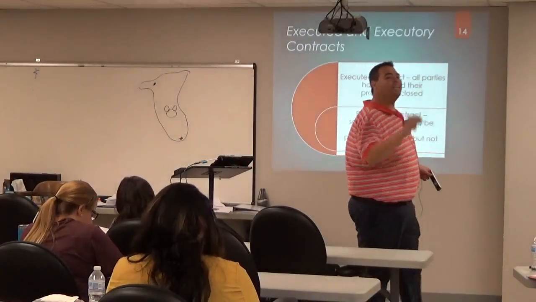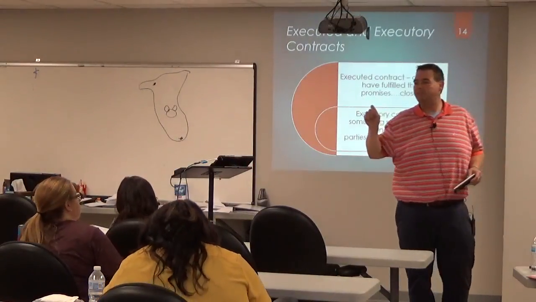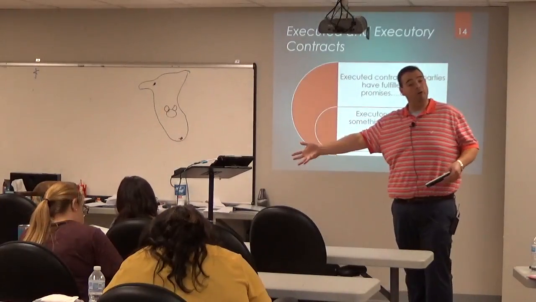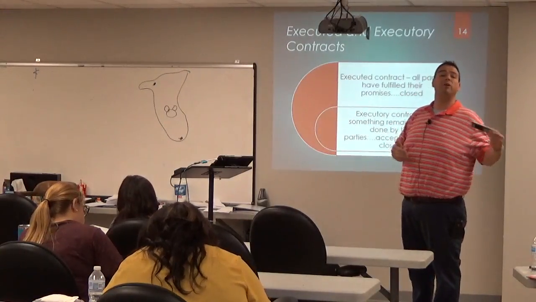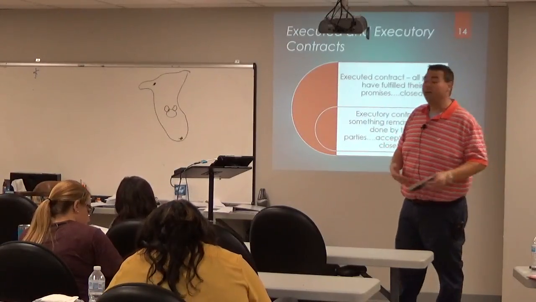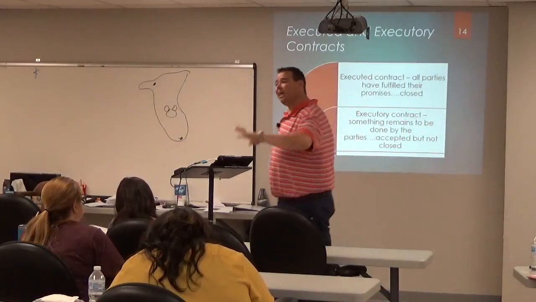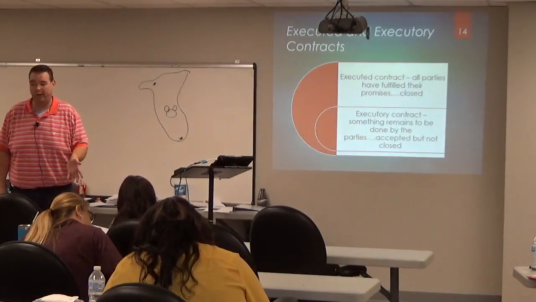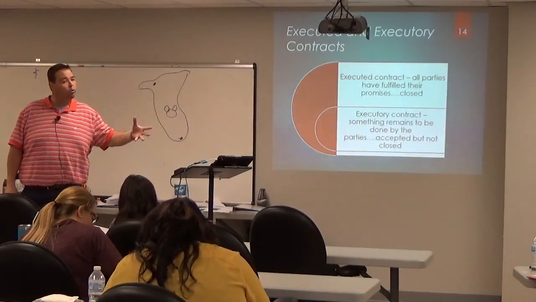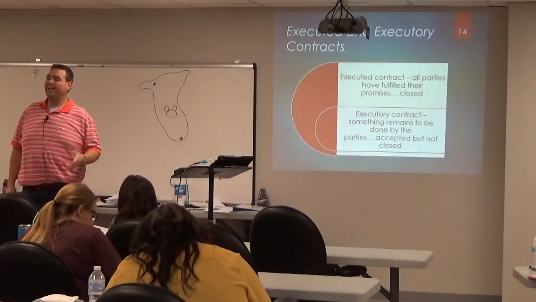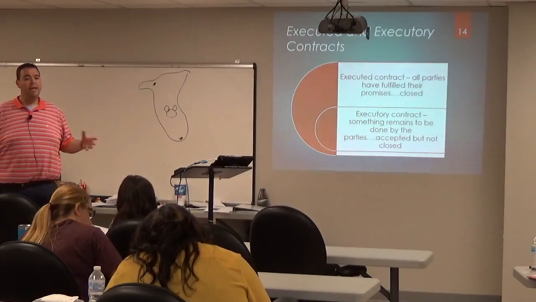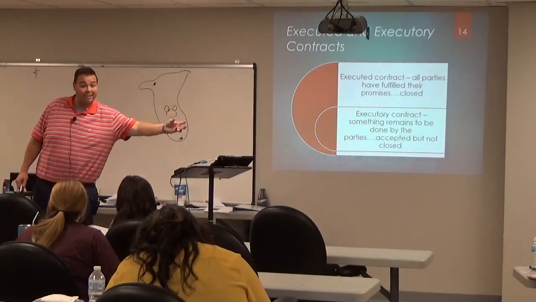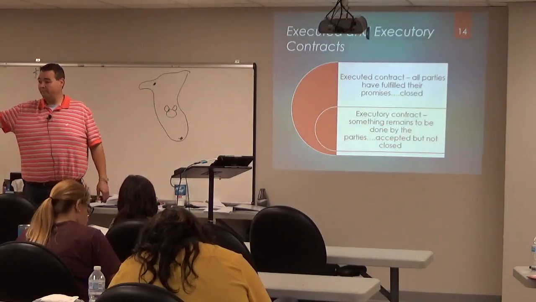Contracts work the exact same way. When a contract is signed and the promises have been made, but they have not yet been fulfilled, the contract is what? Executory. So anytime a contract is signed but not yet closed, it is executory. When it is closed, it is what? Executed. An executory contract is one that's sometime between contract acceptance and what?